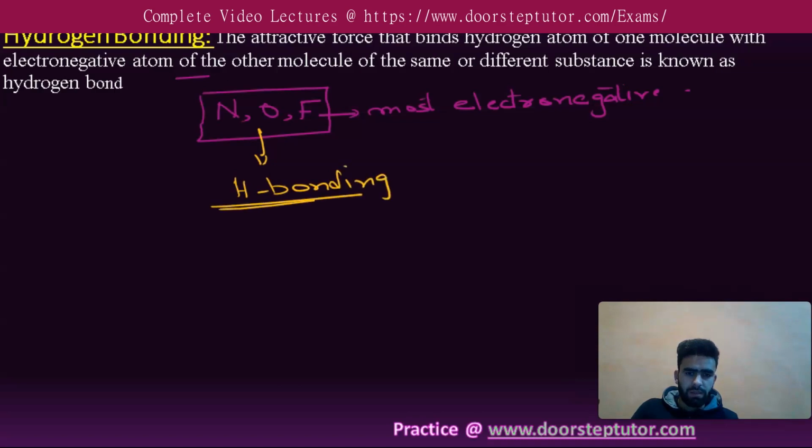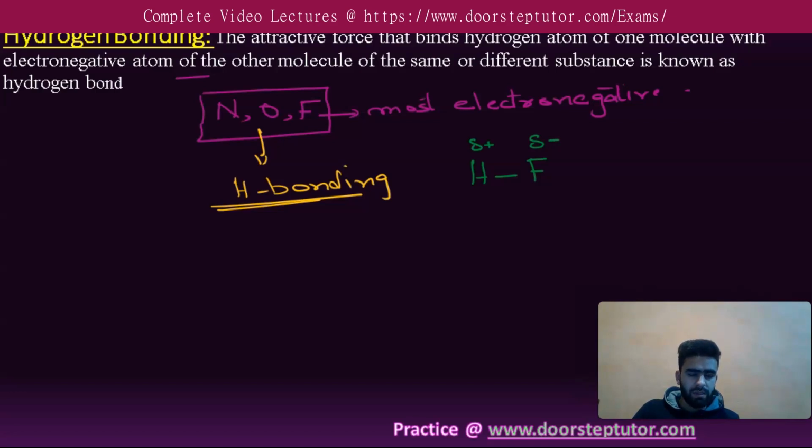Now suppose we have a compound like hydrogen fluoride, HF. Since there is an electronegativity difference between hydrogen and fluorine, this bond will be polar, so fluorine gets delta negative and hydrogen gets delta positive charge.